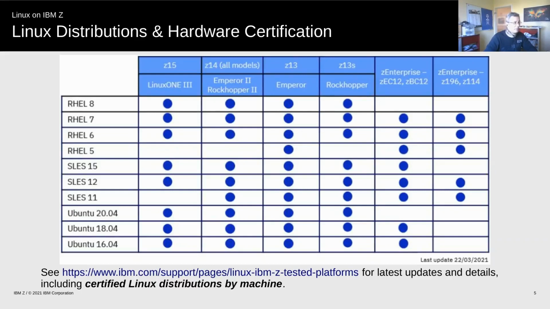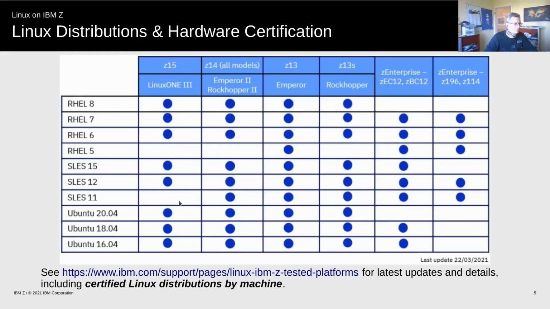Because sometimes we use something called an architecture level set, where binaries are compiled using the instructions of a later level of hardware, and therefore they might not run anymore. That's something which, for instance, happened with SLES 11. That was unsupported with the z15, sorry, my confusion.